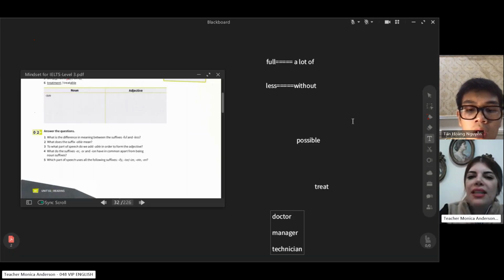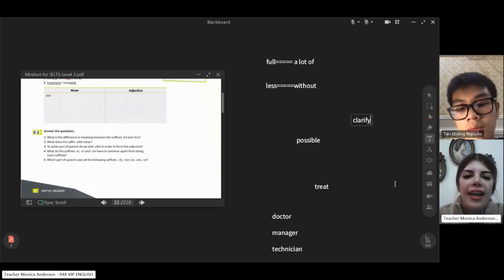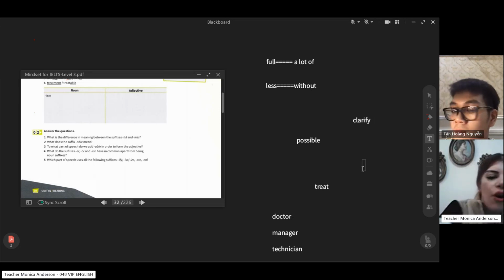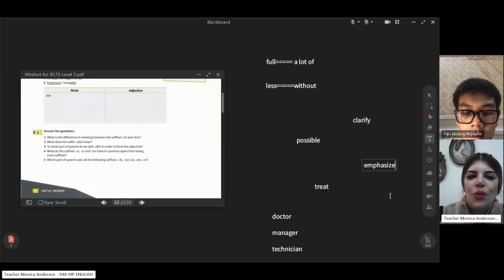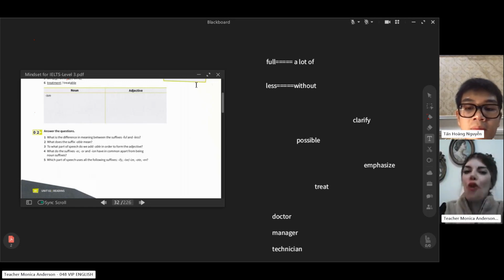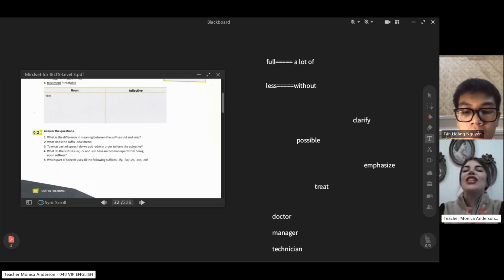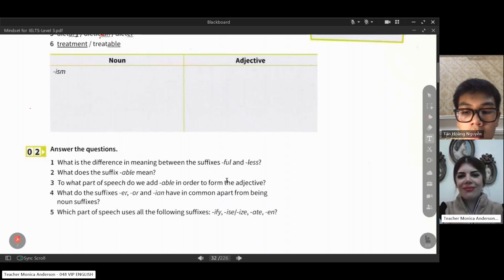For example, let me write clarify or emphasize. So what do you think? They are verbs, of course. So they are common verb suffixes. Okay, well, so that was the first part about suffixes.